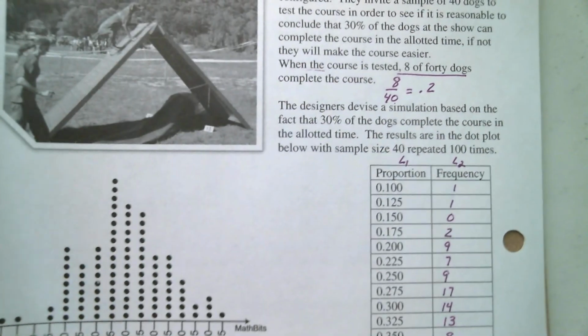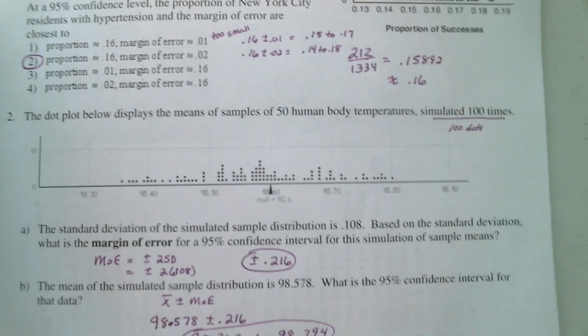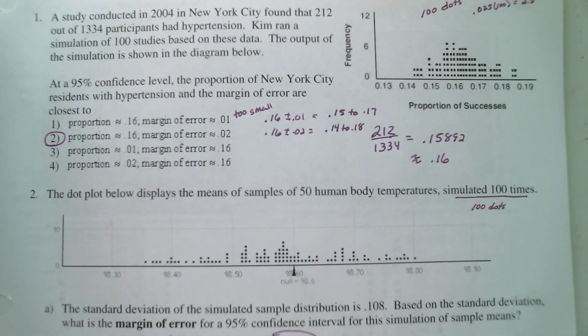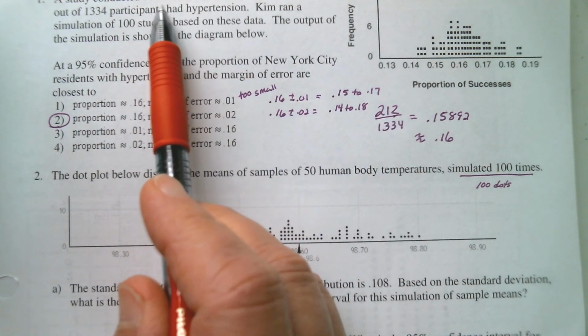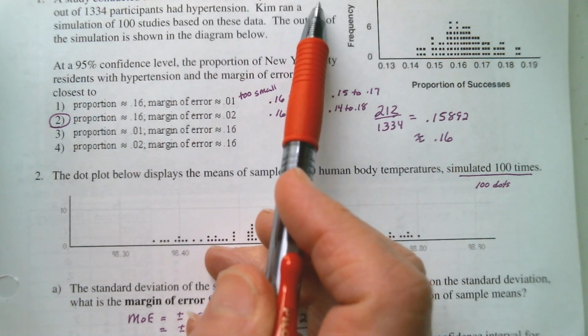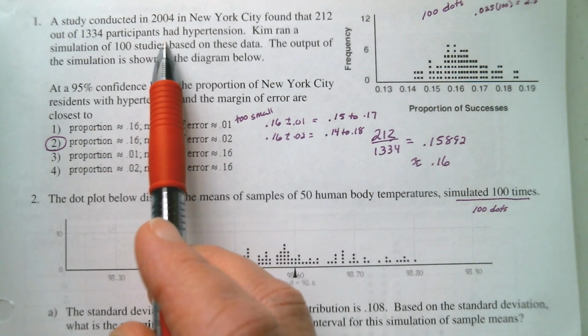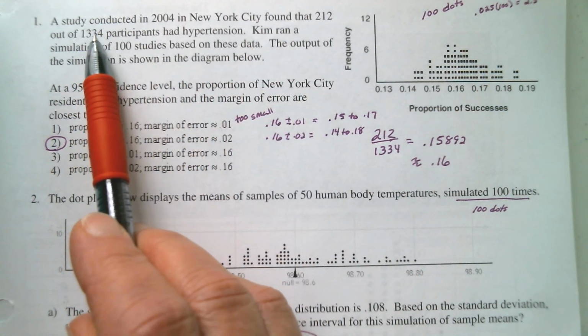Now for explanations. With number 1, the study conducted in 2004 in New York City found that 212 out of 1,334 participants had hypertension. Okay, so this is a proportion from the study.